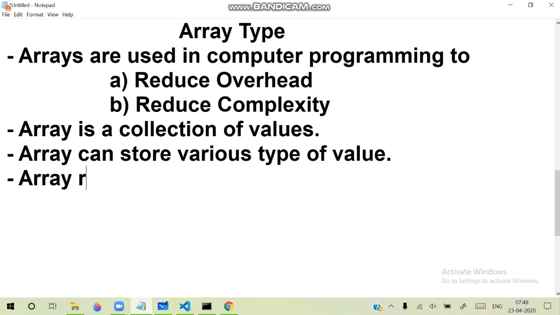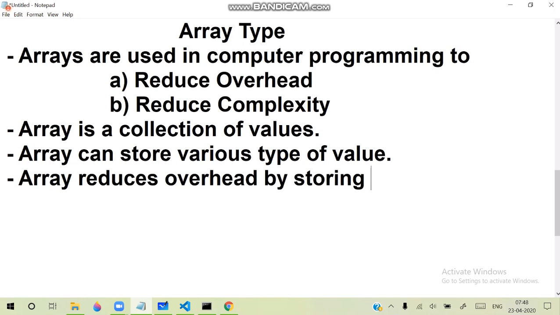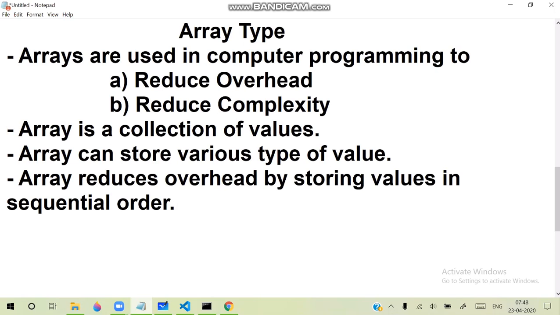Array reduces overhead by storing values in sequential order.